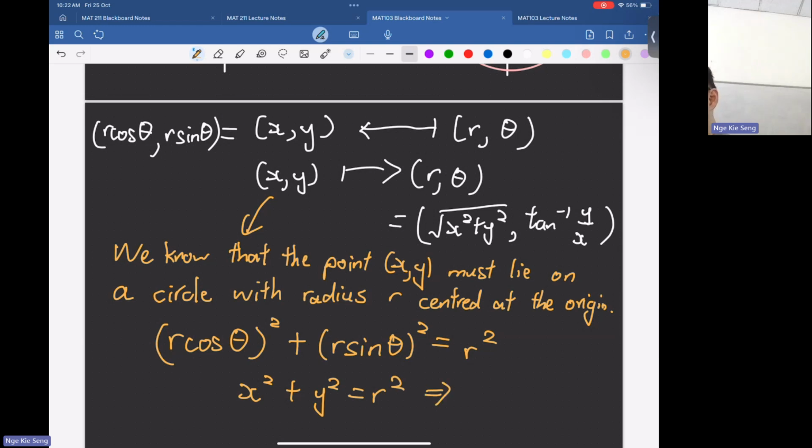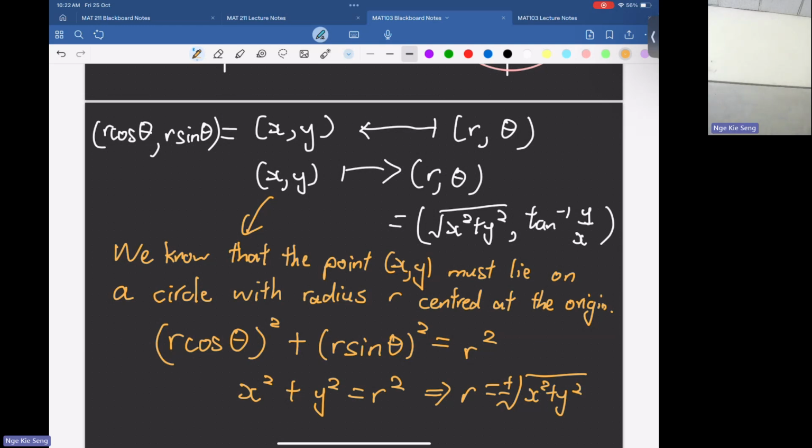In this case there are two possibilities, plus or minus the square root of x squared plus y squared. But at the moment, we will just consider r to be positive first. Later, I'll tell you what happens if it is negative. So choose the positive one.